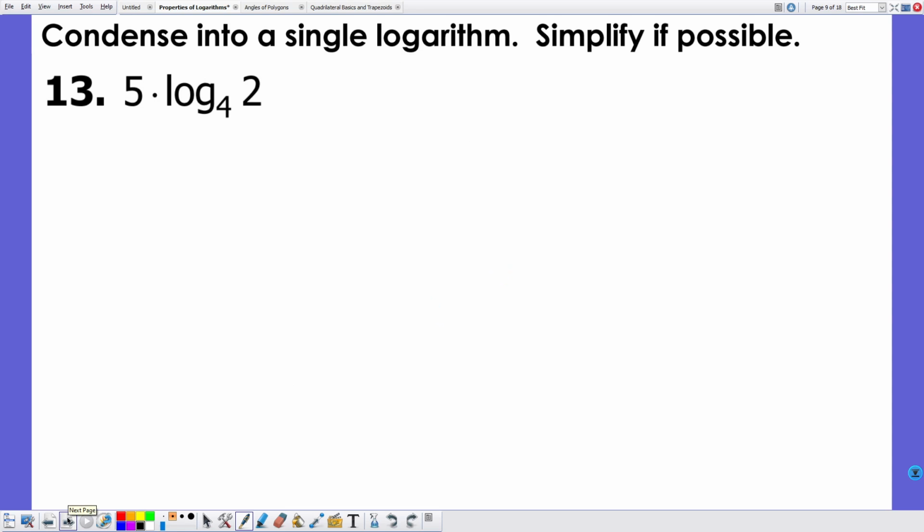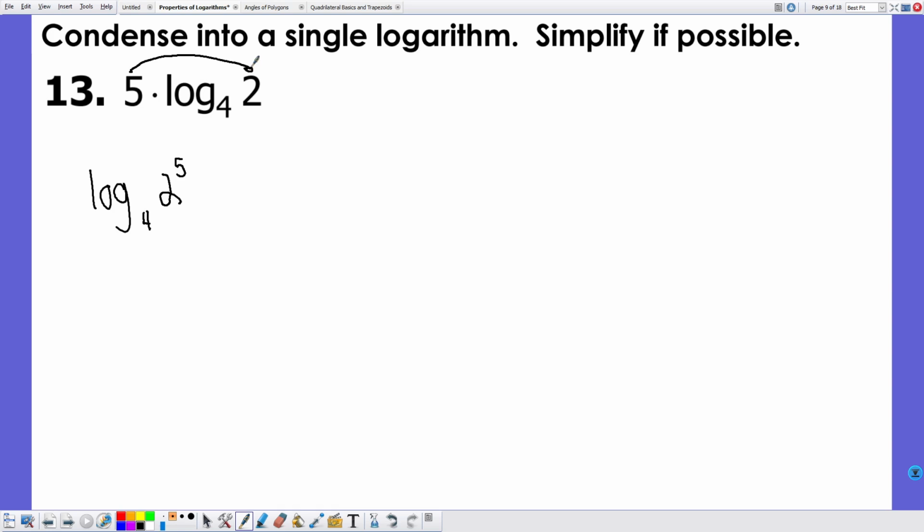All right, we have 5 times log base 4 of 2, and we want to condense it into a single logarithm. Notice we have the number being multiplied to the logarithm. We can transfer that number over as the exponent of 2. So we're going to have log base 4 of 2 to the 5th power.